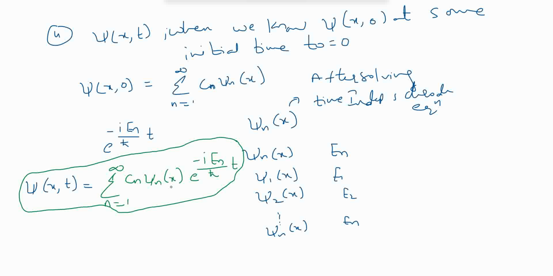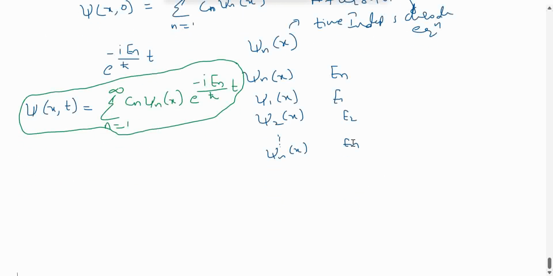For example, let us take a general solution with only two solutions, psi 1 and psi 2. Suppose psi of x comma 0 equals c1 psi 1 of x plus c2 psi 2 of x.